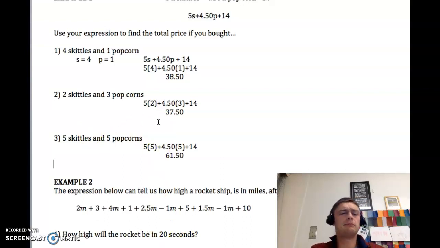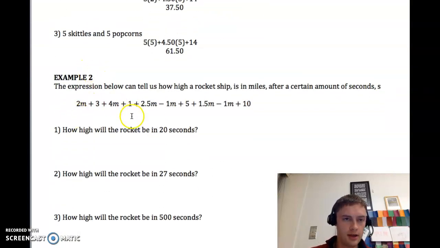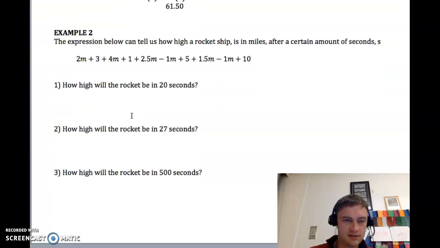All right, moving on. Let us try example 2. Let's see if there's anything cool going on here. The expression below can tell us how high a rocket ship is in miles after a certain amount of seconds. You're picturing this in your head.